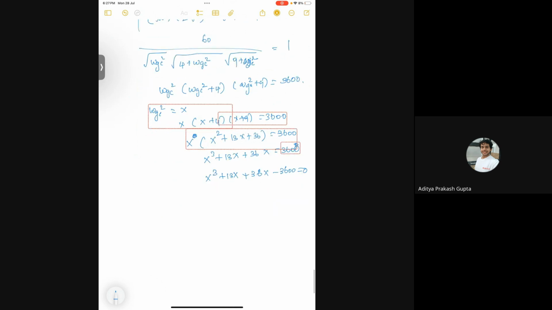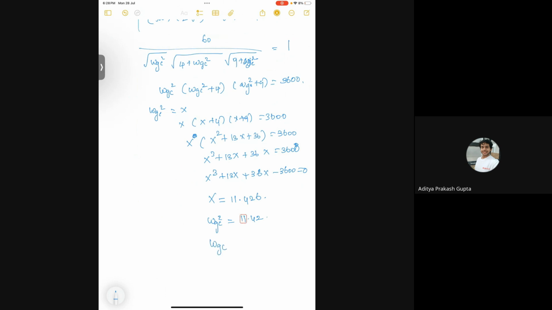So if you find the roots for this equation, you would get three values. Out of them, I'm going to write whichever is in this range. The rest of the roots are negative, so we are discarding them. Then omega GC square is equal to 11.4 something.